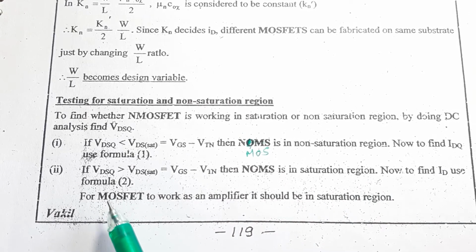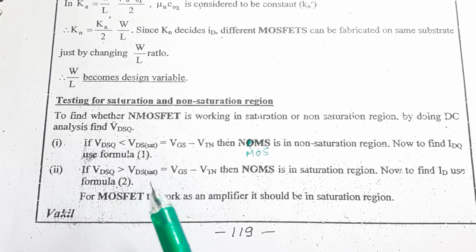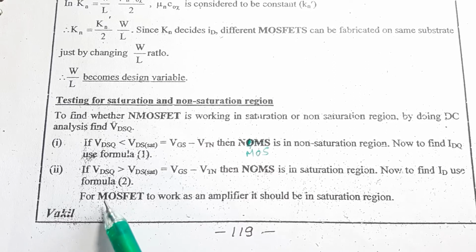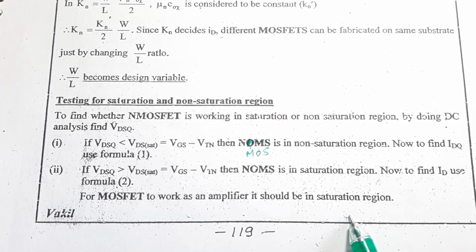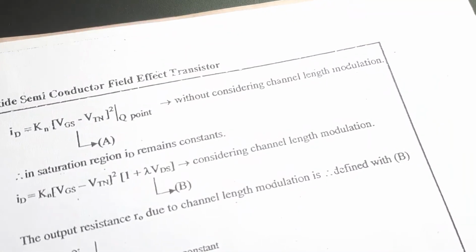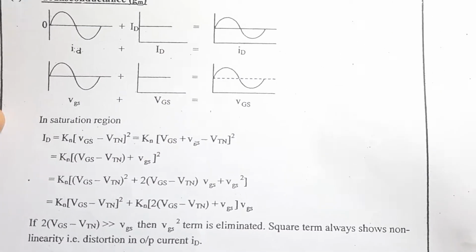Don't worry, when we cover the numericals, we'll get to know more about such formulas and their application. For MOSFET to work as an amplifier, it should be in the saturation region. One of the important parameters for the MOSFET to work as an amplifier is that it should be in the saturation region. Now, there are some parameters that we need to discuss before proceeding to the AC analysis, as we had done for BJT.